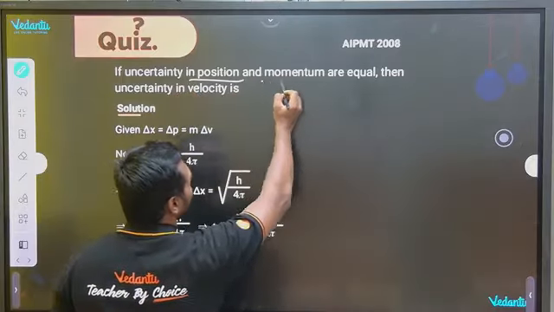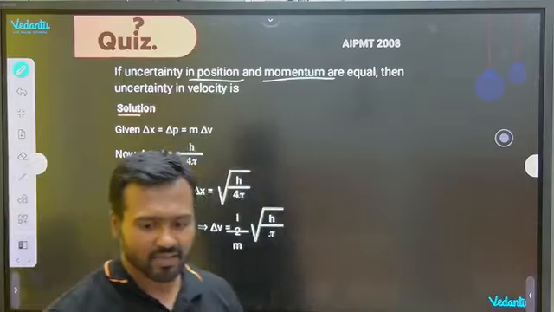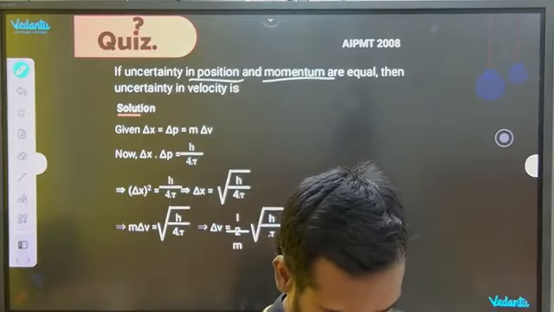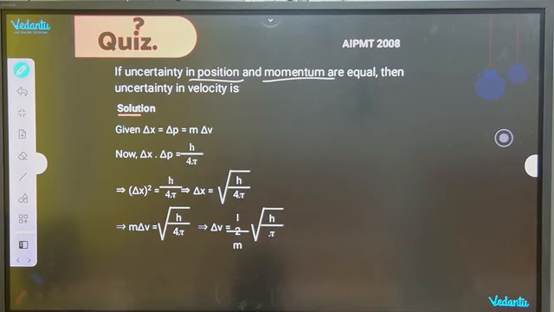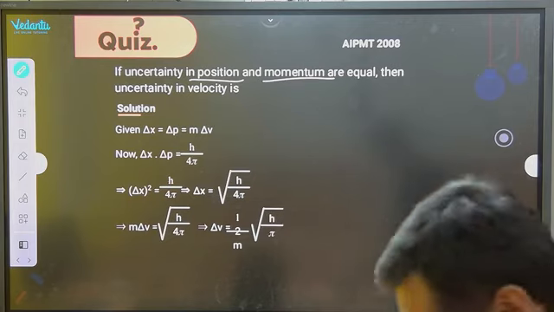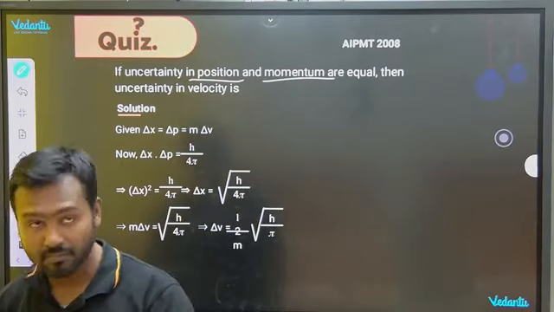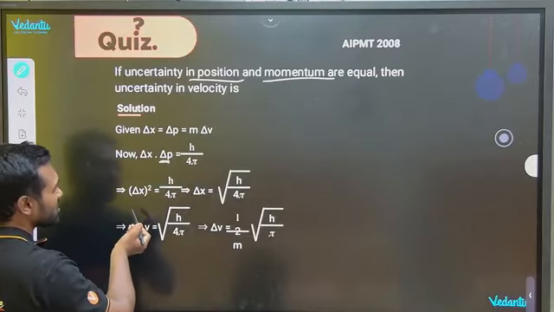So if both are equal, then instead of momentum you also put position, and you will get the answer.